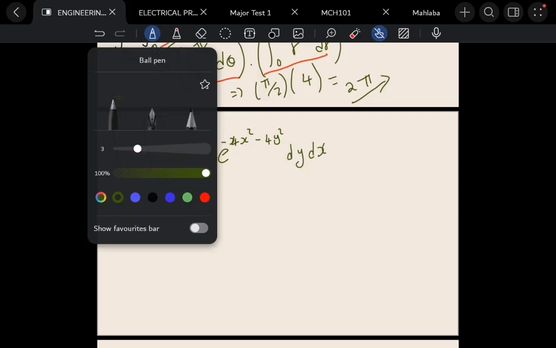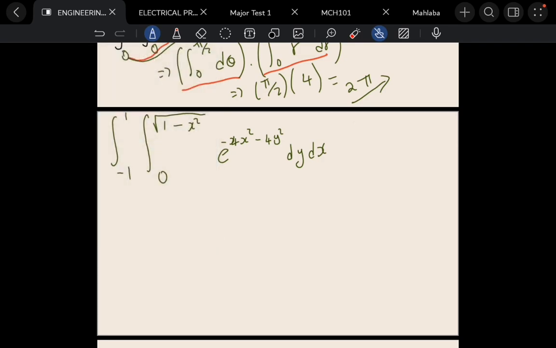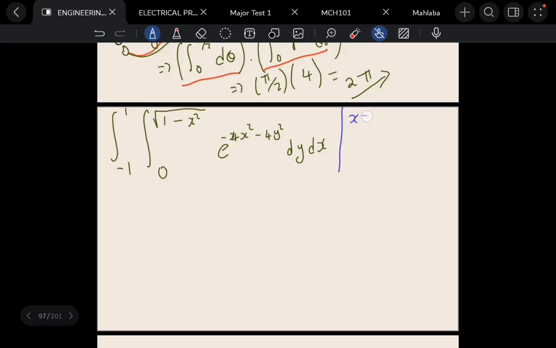To integrate this, we first need to take out our equations. So x is equal to -1 and x is equal to 1, from the last integral. And then y is equal to 0 and y is equal to the square root of 1 minus x squared. So what we need to do next is draw the region.